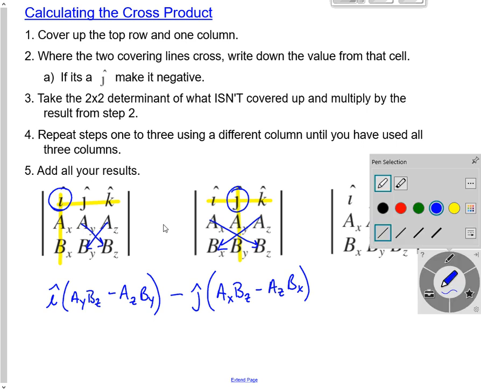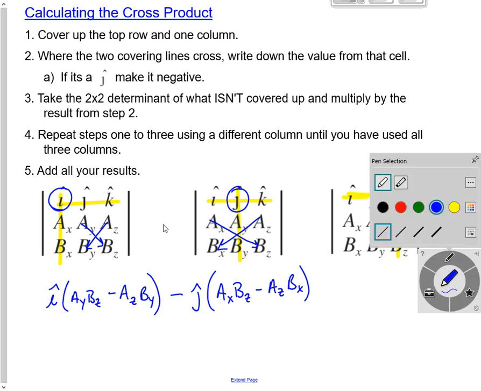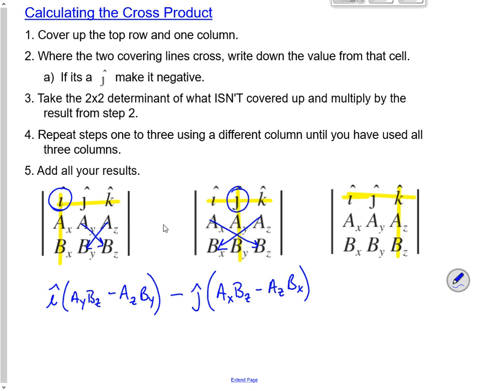Now I've got one more to do. I take the top row, last column, and where these two intersect I get plus K hat times this minus this: AX BY minus AY BX.